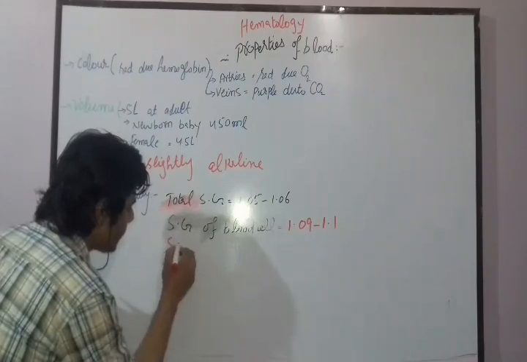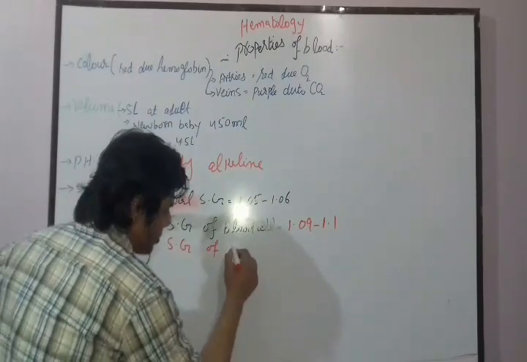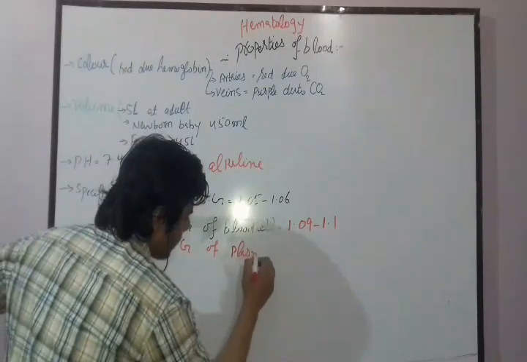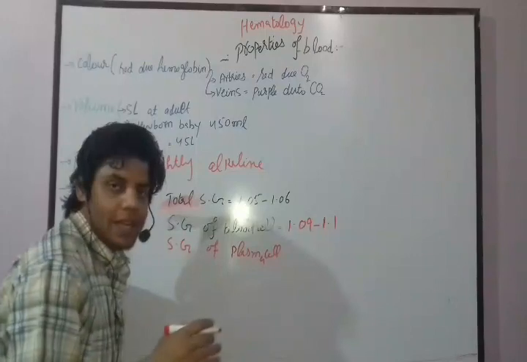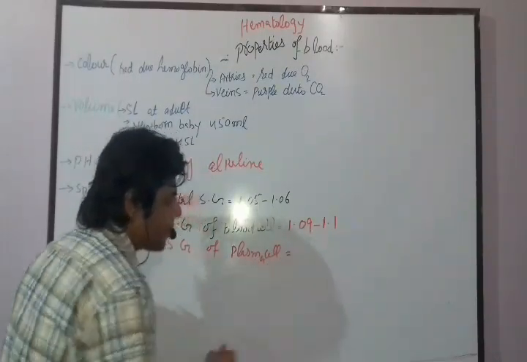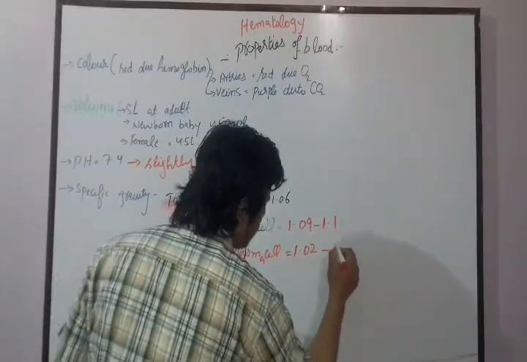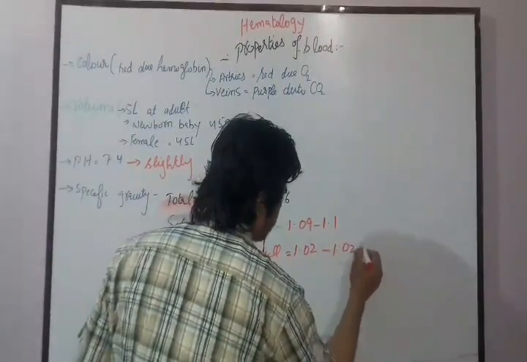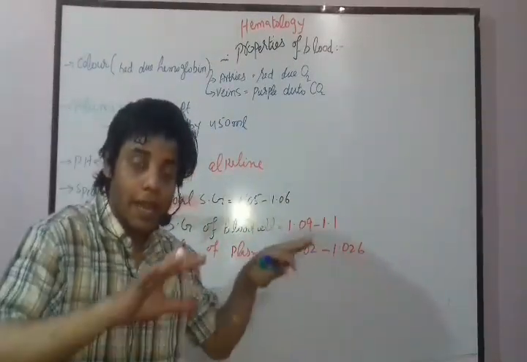Now, what is the specific gravity of plasma in blood? The specific gravity of the plasma inside the blood is 1.02 to 1.026. So these are the different specific gravities in blood.